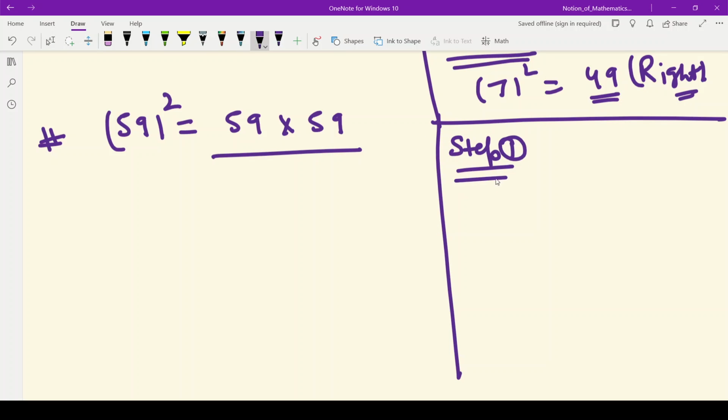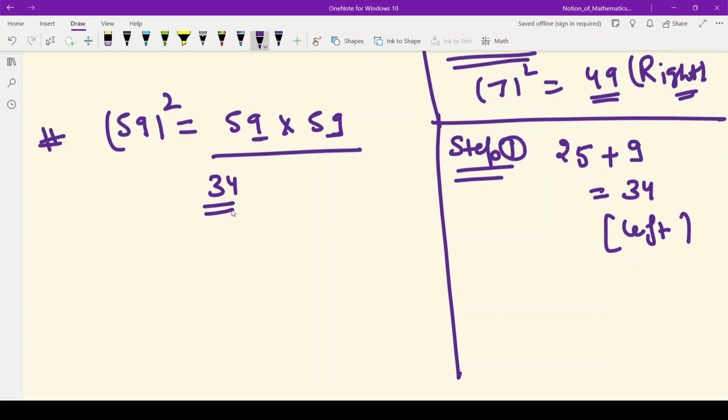Step 1 is we will be adding 25 to the unit digit. The unit digit is 9. So 25 plus 9 is equal to 34, and that part I will write as the left part of the answer. So I have written 34 here.